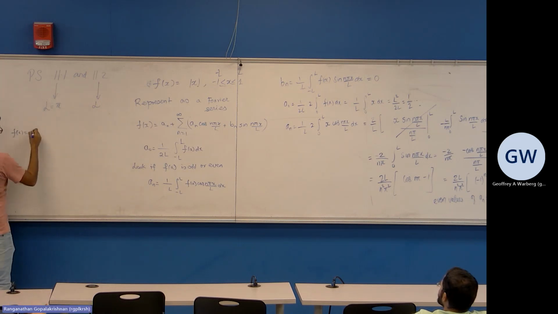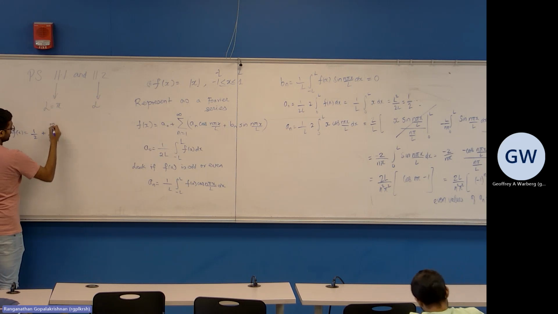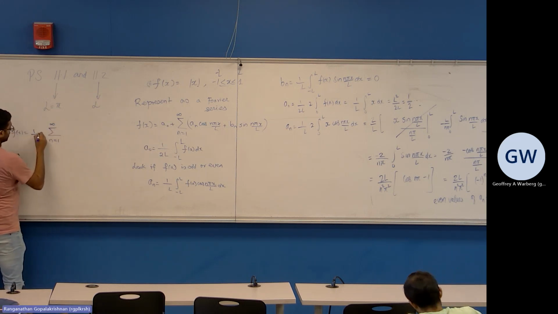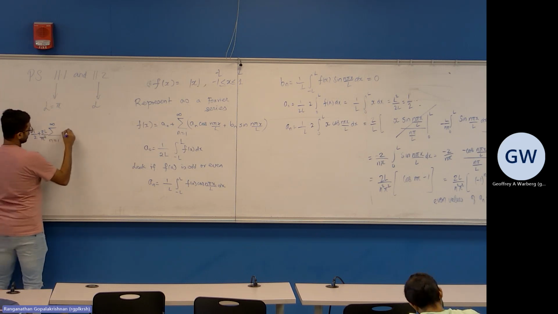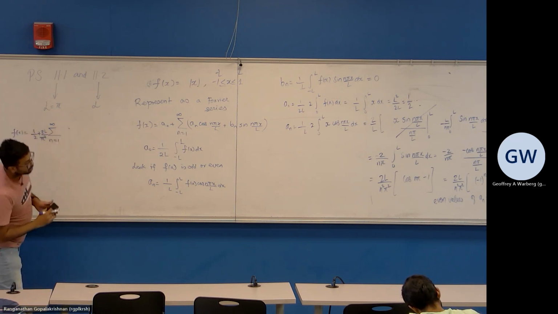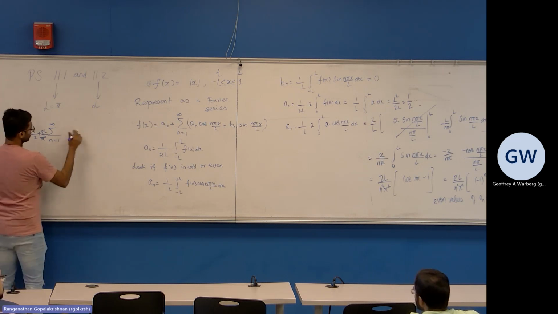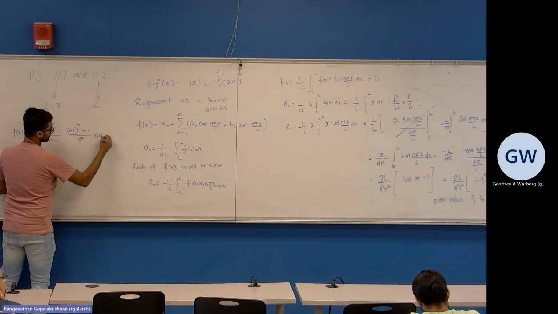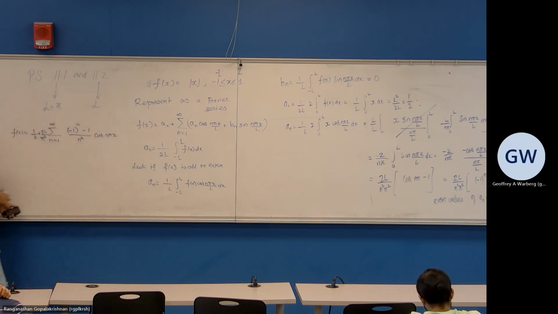So I have half plus sigma n equals 1 to infinity of 2L divided by pi squared times (-1) power n minus 1 divided by n squared cos n pi x, which I can rewrite.